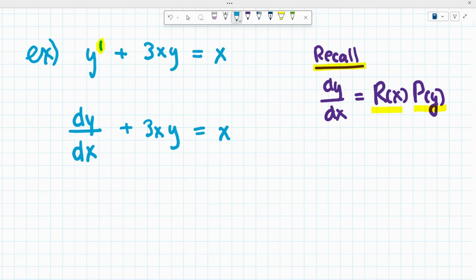So now let's see if we can follow our step 1, which is to separate our x and our y variables. Let's do this in a couple of steps. We've got dy over dx. We're going to move this term over to the other side by subtracting it. So we now have 2x minus 3xy.